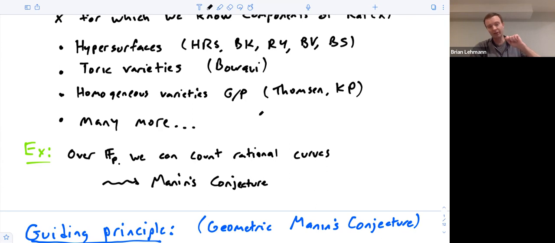This will be counting the rational curves parameterized by each component of the moduli space. If we do this, this leads to a version of Manin's conjecture. So this is a special case of the function field version of Manin's conjecture.